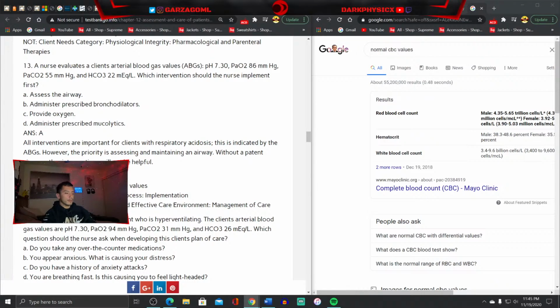O2 is 94, so they have good oxygen. CO2 of 31. This is under 35, so this is basic. And then you have HCO3 of 26, which is high normal, which is kind of almost basic. So acidotic. Yo, what's going on here?